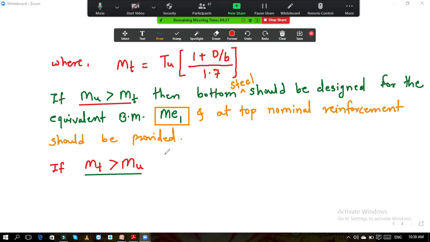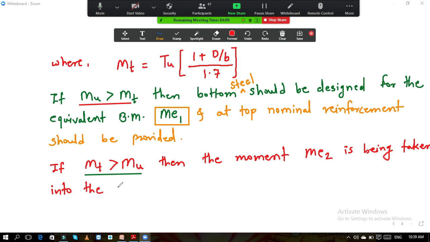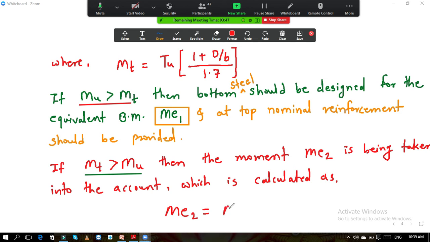So here in the second case, the moment ME2 is being taken into account, which is calculated as, this also I have already told you, ME2 is equal to MT minus MU.